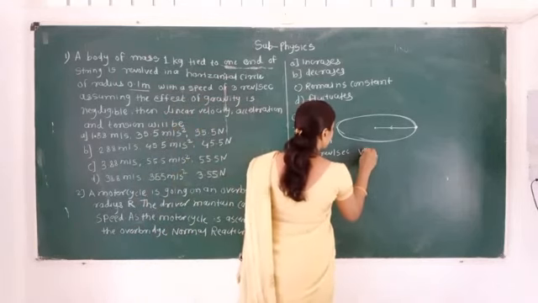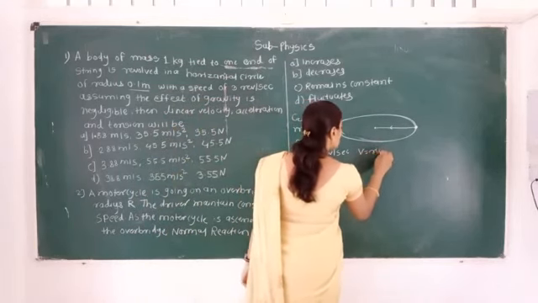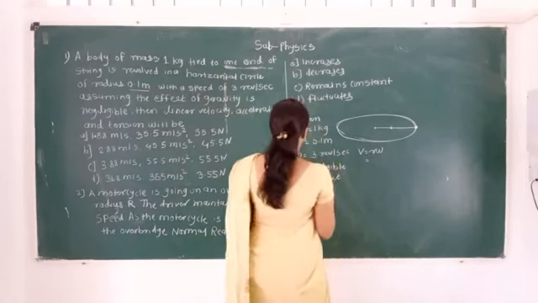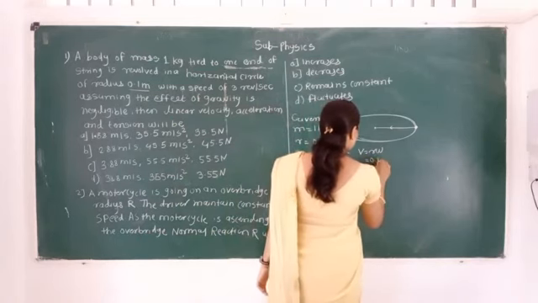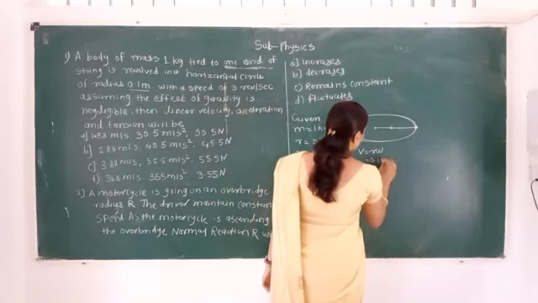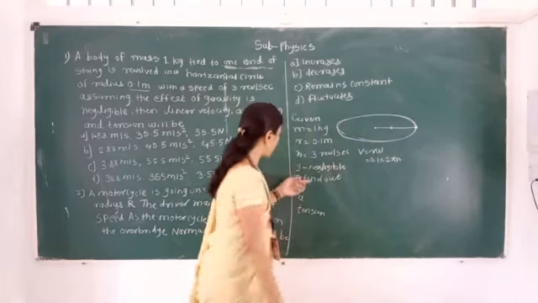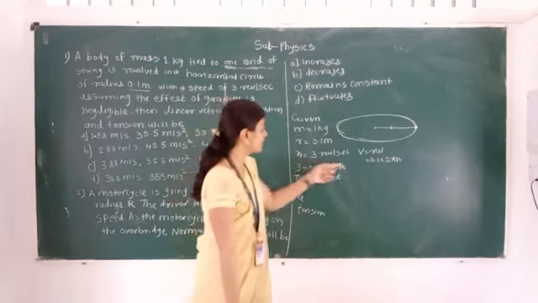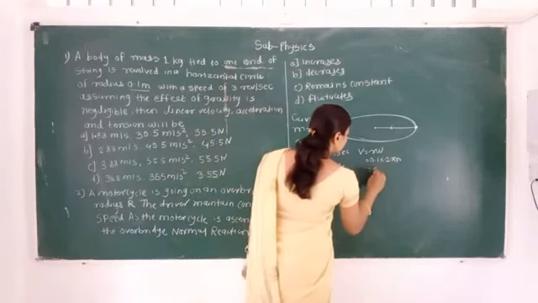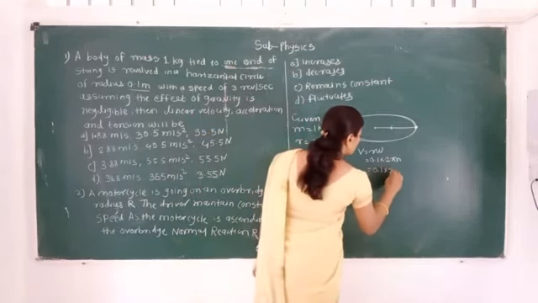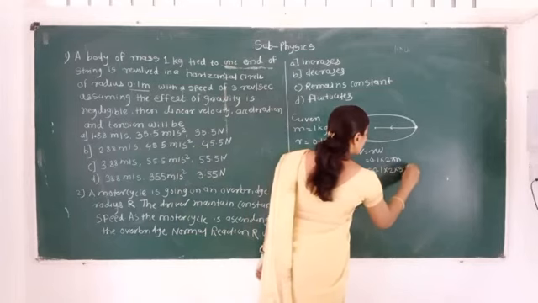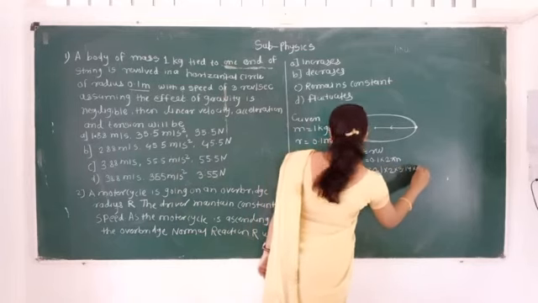V, linear velocity, is nothing but R into omega. So the value of R is 0.1. Here we have to find out omega. It is nothing but 2 pi n. N is given as how much? 3 revolutions per second. So it will become, see there, 0.1 into 2 into 3.14 into 3.